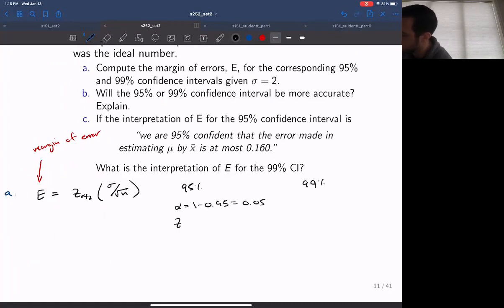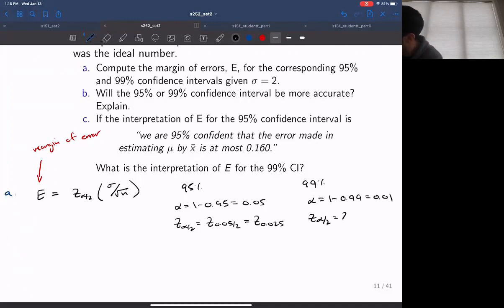Therefore, Z alpha over 2 will be Z 0.05 over 2, which is equal to Z 0.025. And for the 99% interval, alpha is equal to 1 minus 0.99, which is 0.01. So then Z alpha over 2 is Z 0.01 over 2, which is Z 0.005.